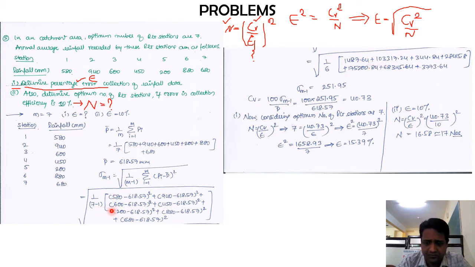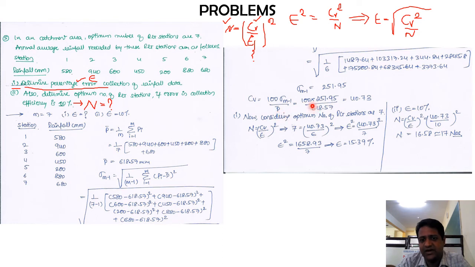Okay, so once you substitute the values from P1 to P7 as the first term in this formula, and P bar as the second term, we will ultimately end up with sigma m minus 1 as 251.95. Having that in mind, CV is equal to 100 sigma m minus 1 divided by P bar.